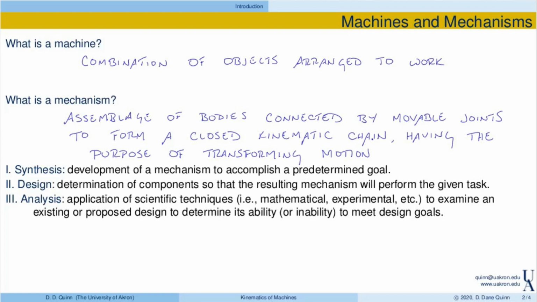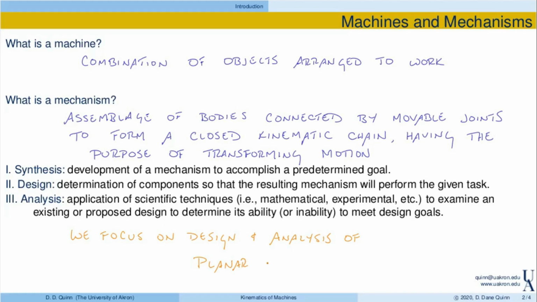So in particular in this class, we're really going to be looking at the last two, and mostly in the analysis section. So we will focus on the design, and in particular the analysis of planar mechanisms.